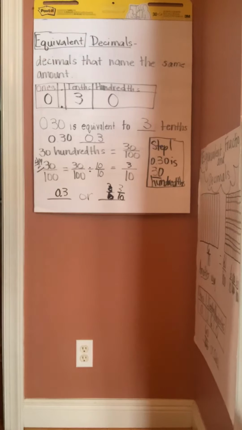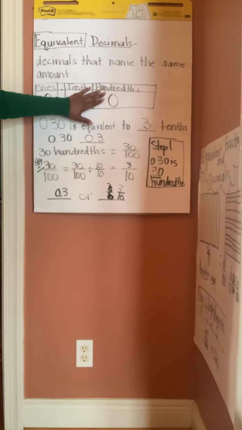Okay. All right. Again, I know this is our very first time doing this lesson, changing fractions to decimals, and I assure you, you'll understand it more and more as you go through the week, getting more practice. What will really, really help you is making a place value chart like this.